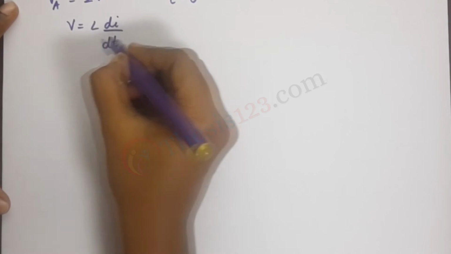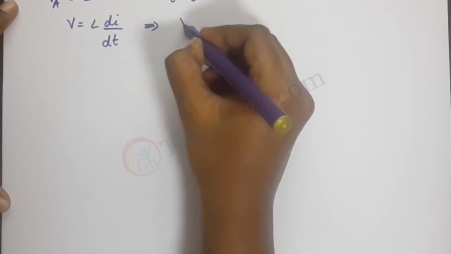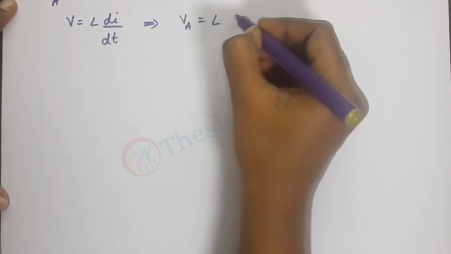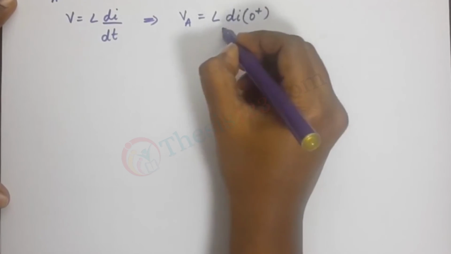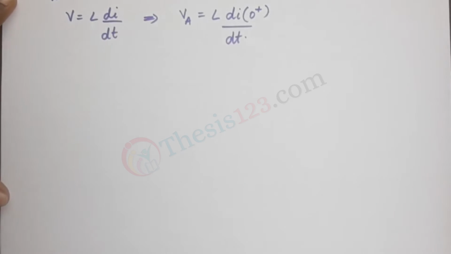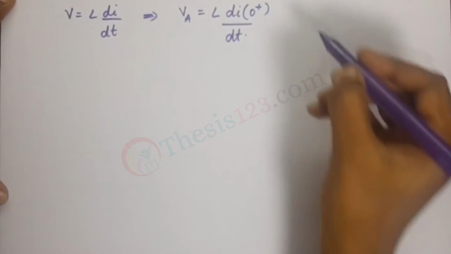To be more precise, this equation is VA equals L di at 0 plus divided by dt.